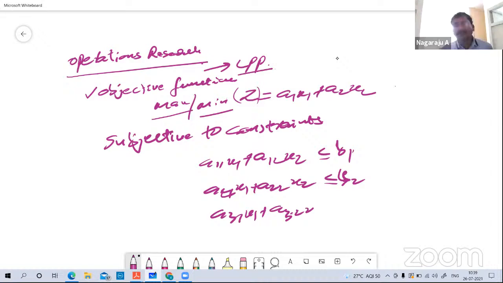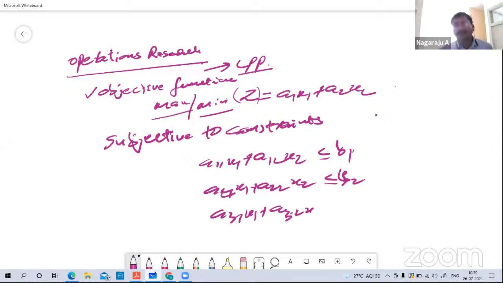Sir, only less than or equal to is sometimes excessive; maybe the expectations are more than that also. So for some other constraints, if I take a41x1 plus a42x2, it is also greater than or equal to some b4.